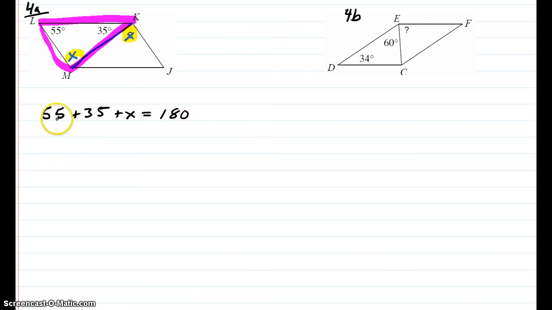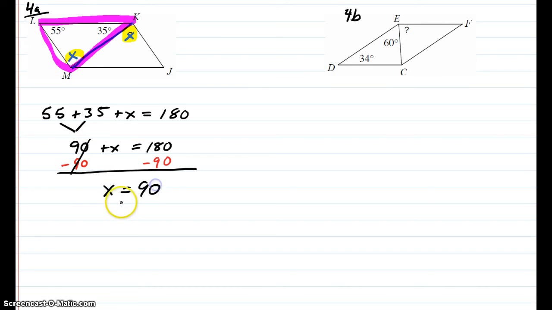So now we can solve this equation. Combine the 55 and 35, and that gives us 90. And now we just solve the equation by moving the 90 to the other side, so you minus the 90. And so we're going to finish with x equals 90.